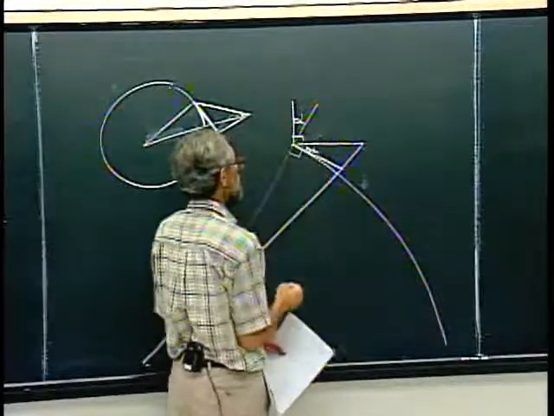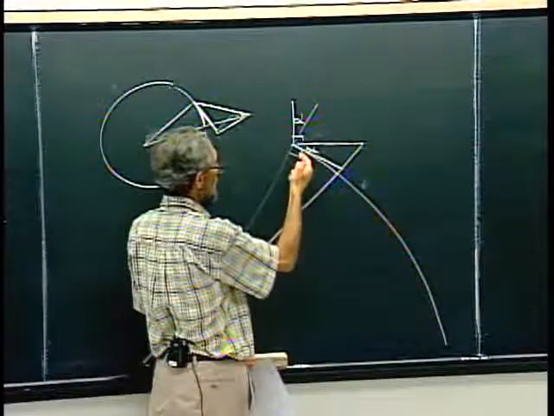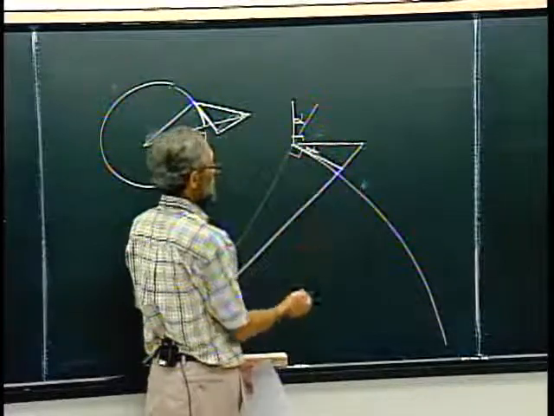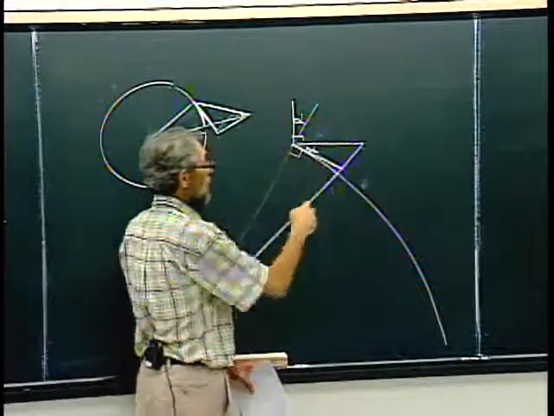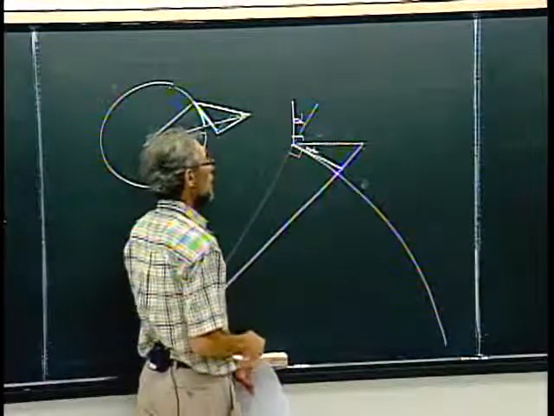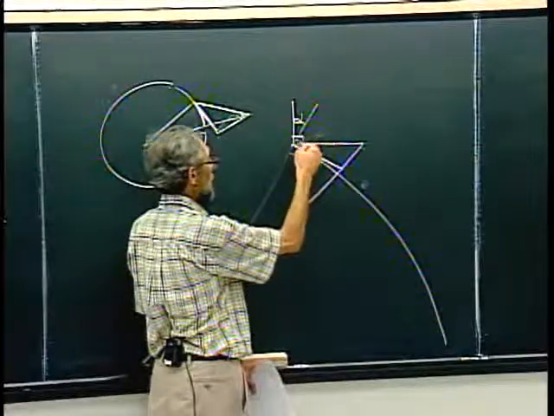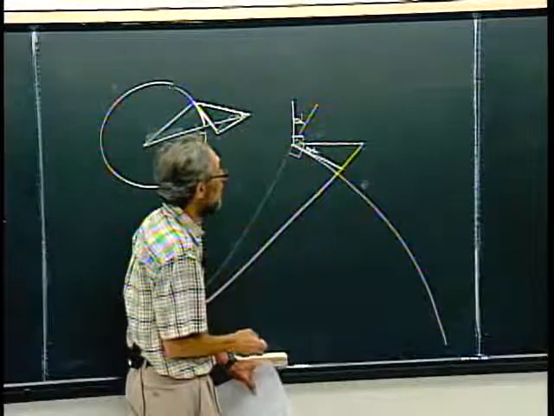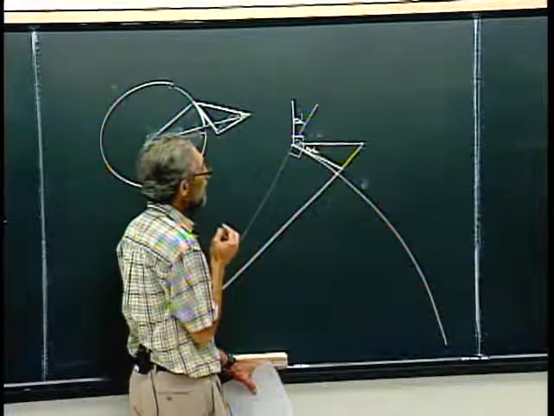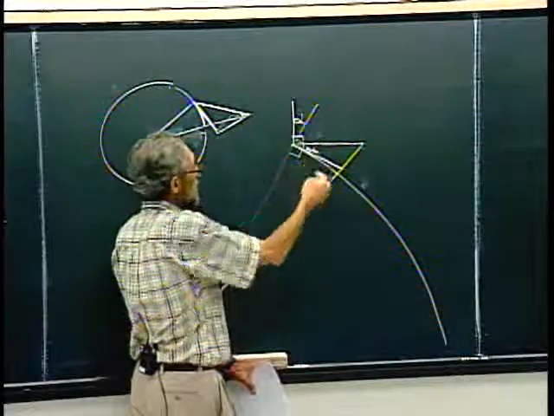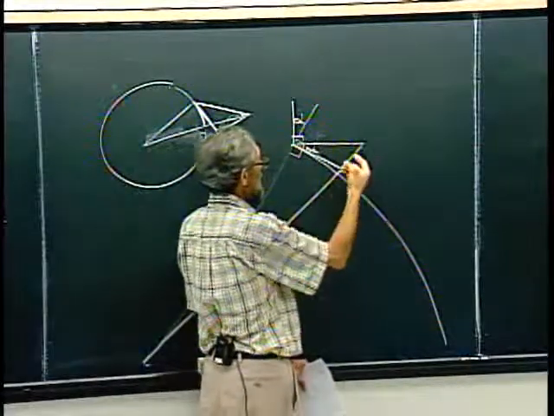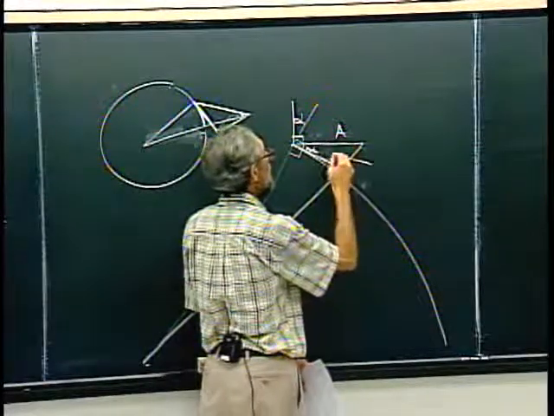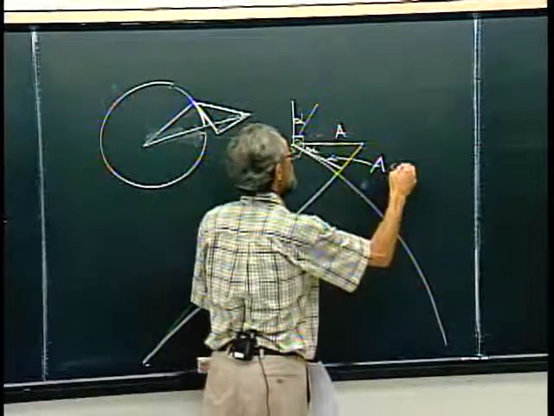Since this normal to the surface makes a right angle, and since the radius direction to the tangent direction also makes a right angle, I guess I'll write that, maybe that right angle this way, then this is the complement of this angle, and so is this, so they're equal. So if alpha is the angle here, then if I have this line segment, I'm only doing a circle, then I can say here is A, and then this length will be A cosine theta.